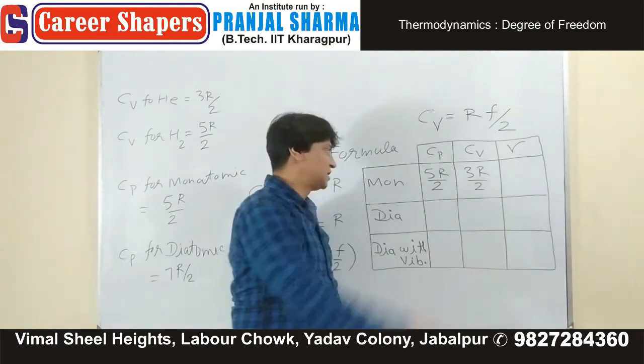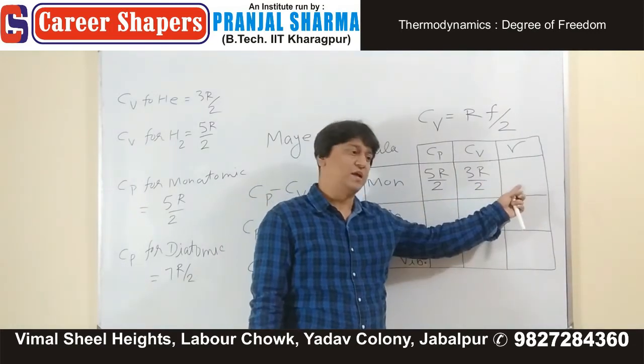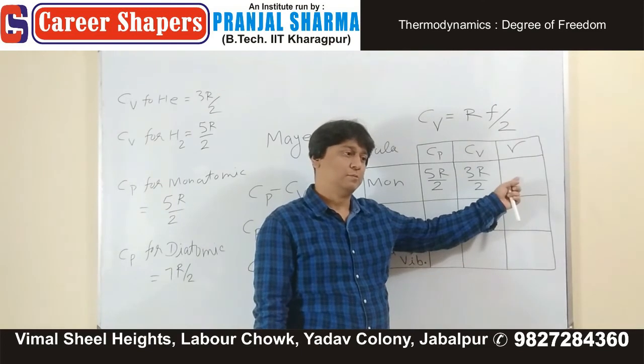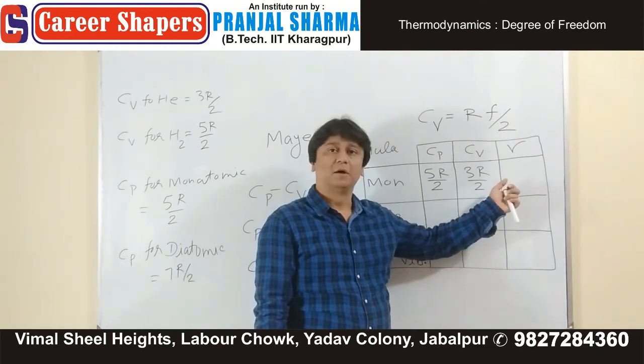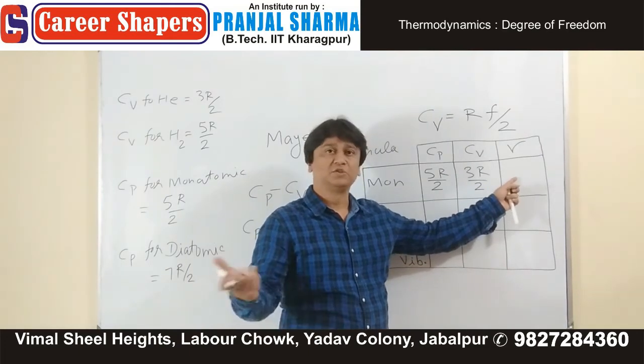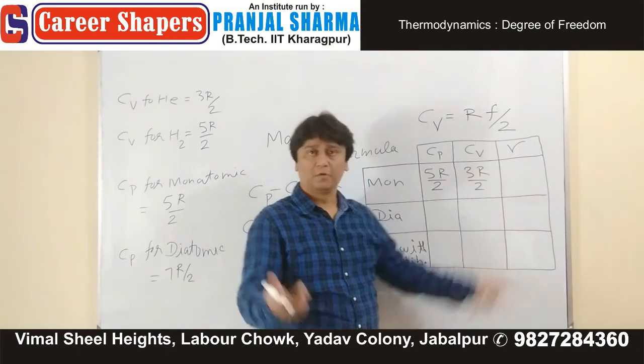Write down fast in the comment box. What is gamma for monatomic gas? Fast, in 5 seconds. 1, 2, 3, 4, 5. What is gamma? Cp upon Cv, 5 by 3.